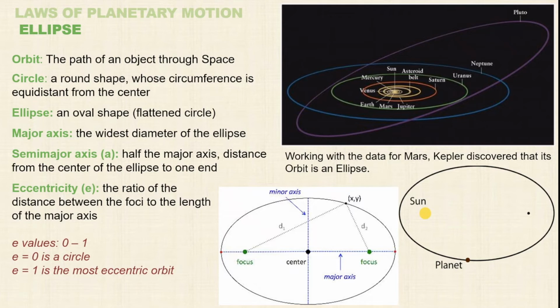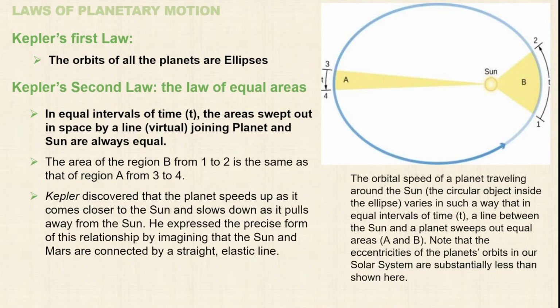So again, in our solar system, the orbits of the planets are all ellipses, or elliptical, with the Sun at one of the foci. This is a little exaggerated, but it looks circular, but it's not, the Sun is not at the center. It's a little left or right of that center.